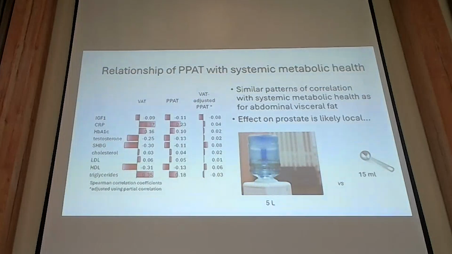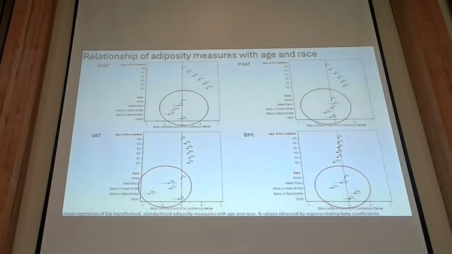So we think that the effect of PPAT on the prostate is quite likely to be local. It makes sense if you think in terms of the quantities of these adipose tissue depots in the body. For example, the average man in UK Biobank has about 5 litres of visceral fat in their abdomen, as opposed to a mere tablespoon of periprostatic fat.